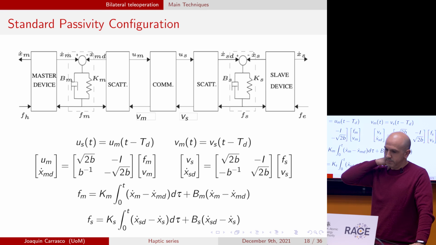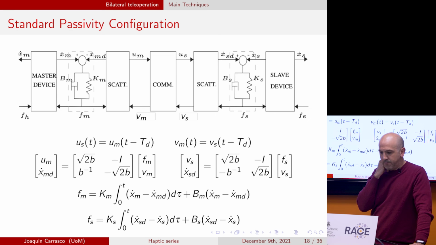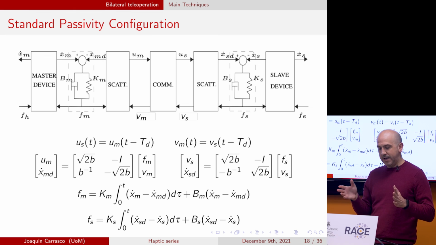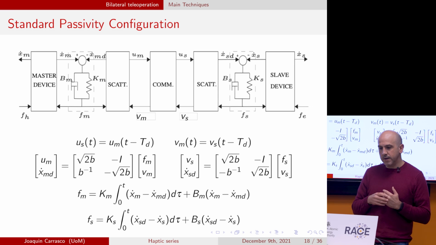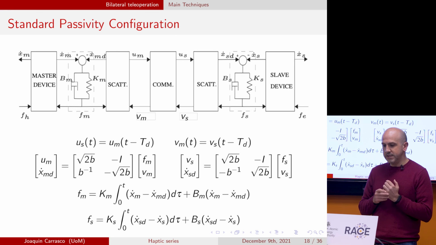You need to take this away and use another kind of configuration, as Harun was doing during his PhD, or as is done in the literature on how to deal with this kind of system. In the basic structure that we are putting here, a variable time delay means the communication doesn't have gain equal to 1, and therefore the scattering transformation is not going to work. But this is the standard configuration.